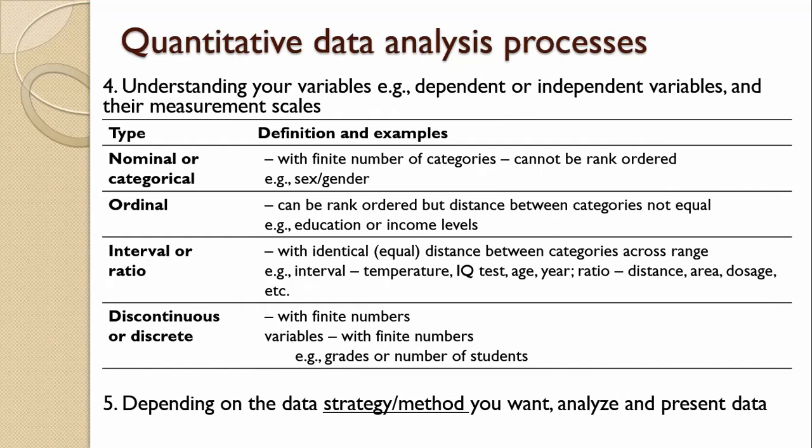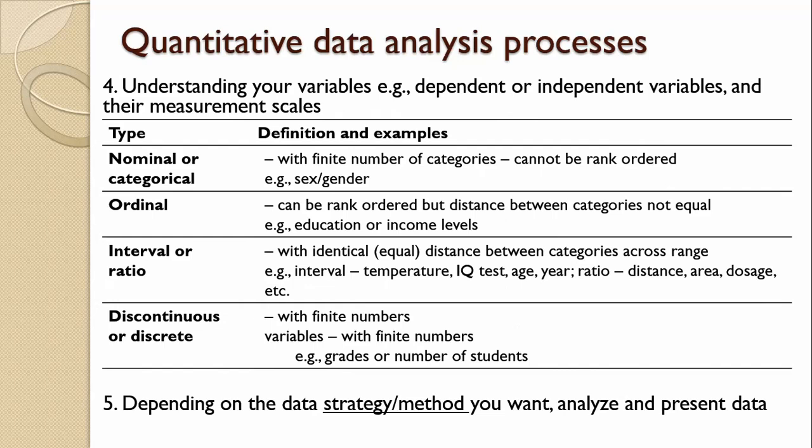You have IQ tests. You have age groups. You have years. Then for ratio, you have, for instance, distance or area, for instance, acres. Then you have, for instance, dosage in terms of treatment and so on.